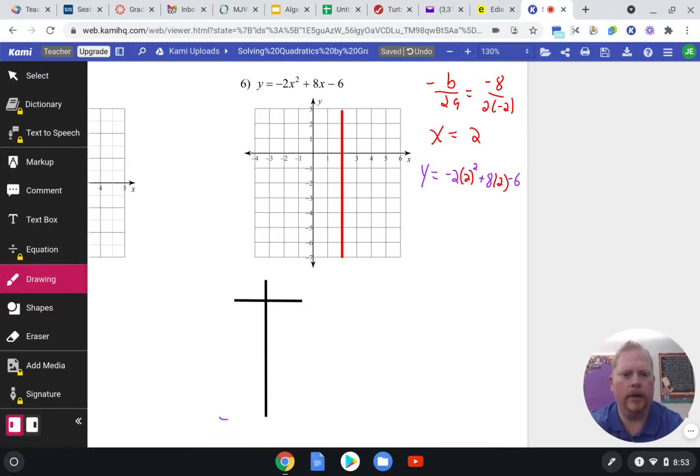All right, so let's work it on out. Square that and I get 4, and then 4 times negative 2 is negative 8. Plus 16 minus 6. So I get 8 minus 6, which is 2. So that's my vertex. It's 2, 2.